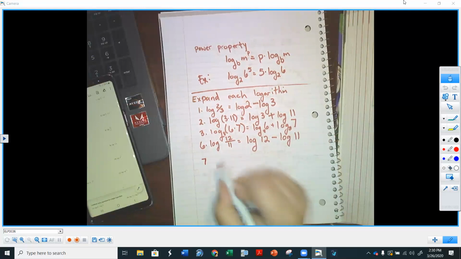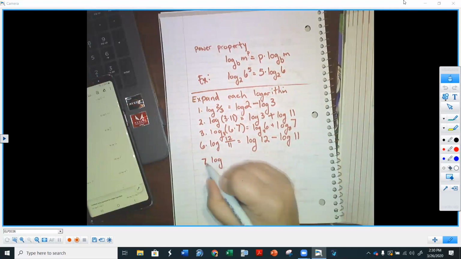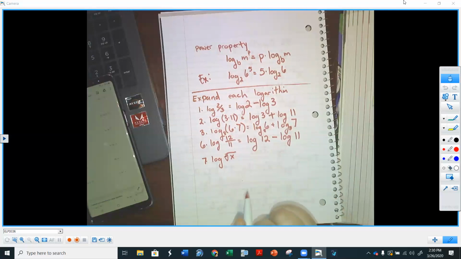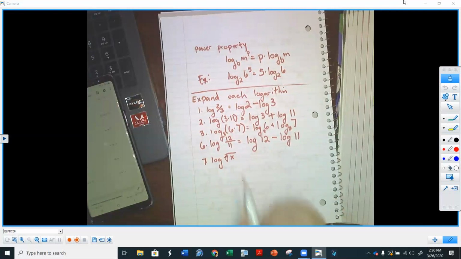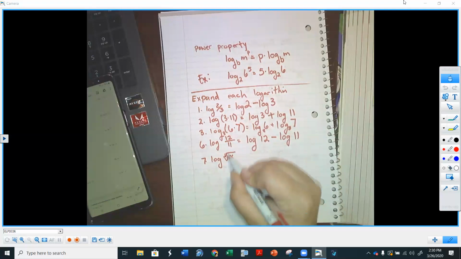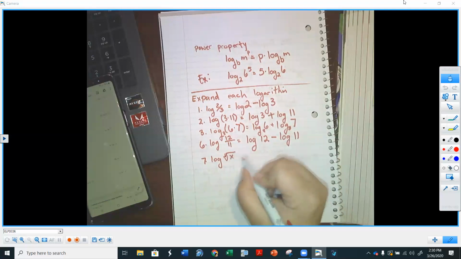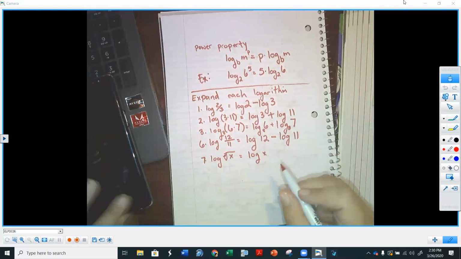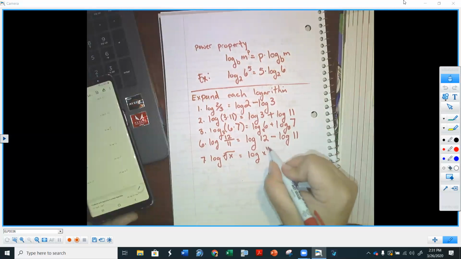Okay, so 7 is the log of the cubed root of x. This cubed root is going to become a power, which is kind of weird. So we need to rewrite this as a power first, because we don't want to write it in radical form. So we're going to write it as log of x to the 1/3.